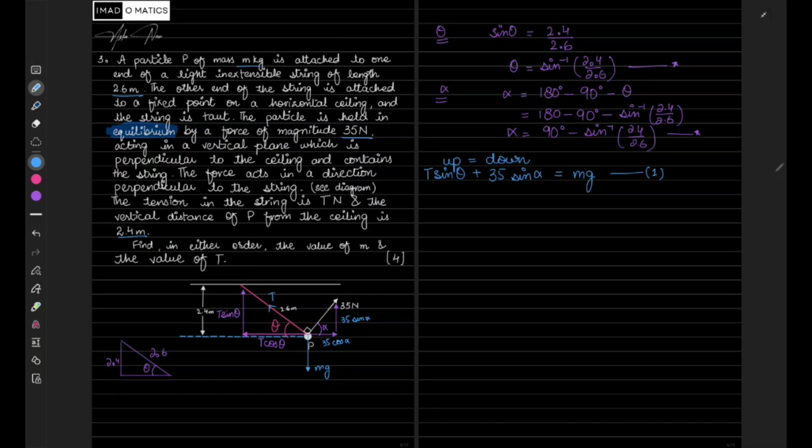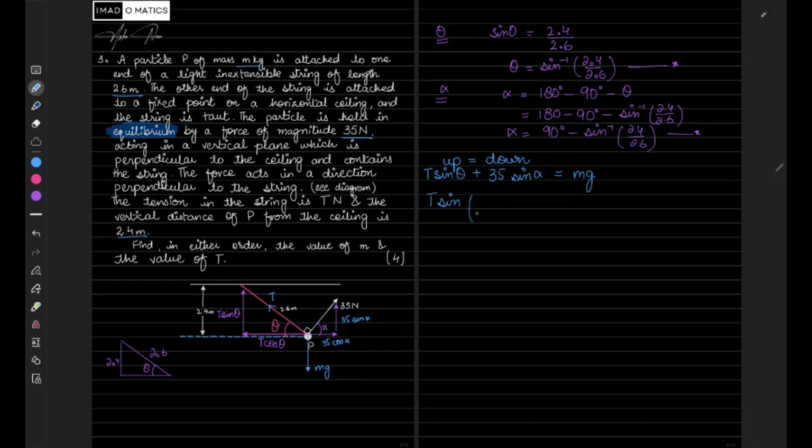by using up equals to down, or you can substitute some of the values that are known to us, and that is theta. Theta is sine inverse of 2.4 over 2.6, so we can directly substitute this. Sine and sine inverse will be cancelled out. I'm doing this one step.